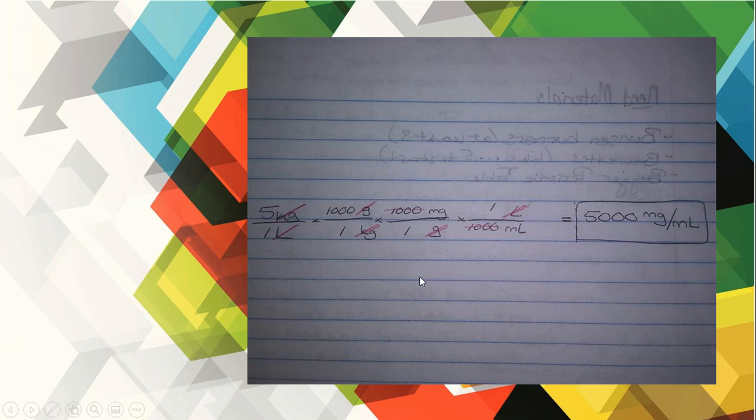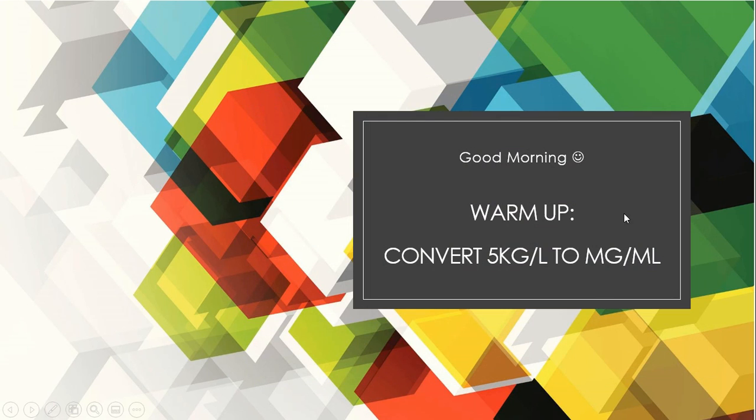Once you're done, you can just multiply across the top and bottom and divide. I skipped that step. I shouldn't have, but I should have showed you. But all of my units canceled. And then you'll notice this 1,000 on top cancels with the 1,000 on the bottom. So I just saw that 5 times 1,000 will equal 5,000, excuse me. And the units I'm left with are milligrams per milliliter, which is exactly what I wanted.